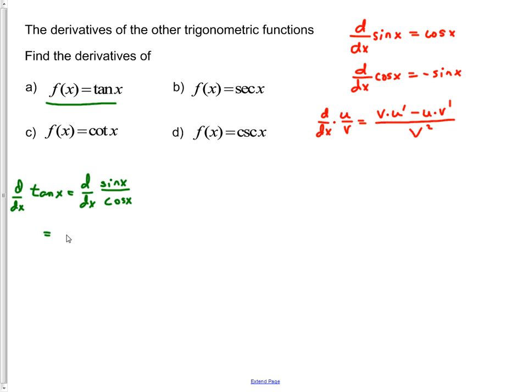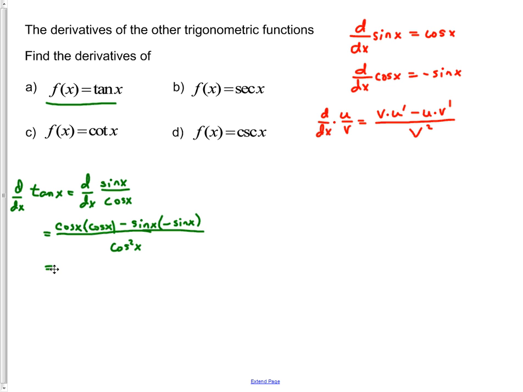By our quotient rule, we're going to have cosine of x times the derivative of sine of x, which is cosine of x, minus sine of x times the derivative of cosine of x, which is negative sine of x. And all of that is divided by the square of the cosine of x.